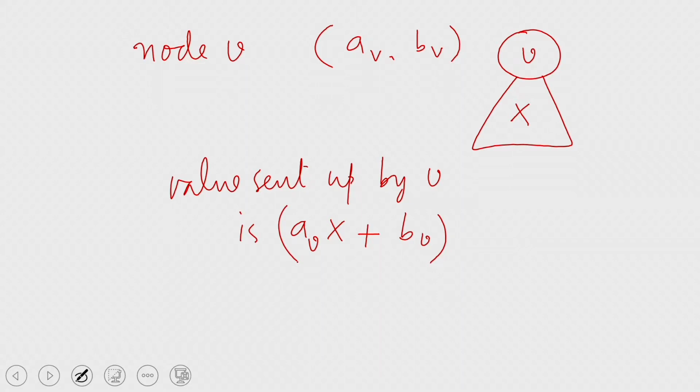If the subtree which is rooted at V evaluates to x, then node V will send a value of AV x plus BV upwards to its parent. Initially, when AV equals 1 and BV equals 0, the value that is being sent up is x. So, if the label of every single node is 1 0, then every node will report its subtree's value truthfully upwards, and therefore, the tree will evaluate to precisely the value that we want, which will be the value of the expression.